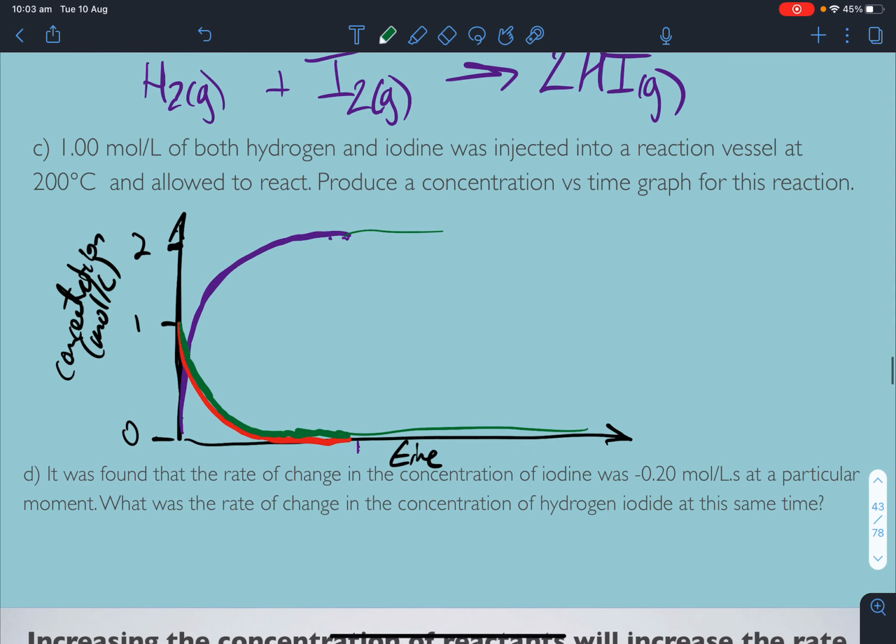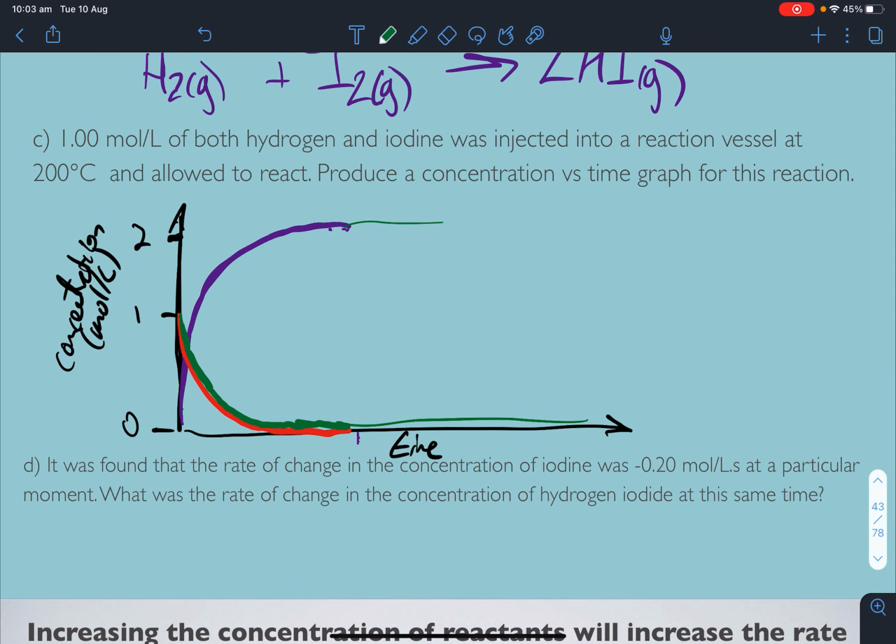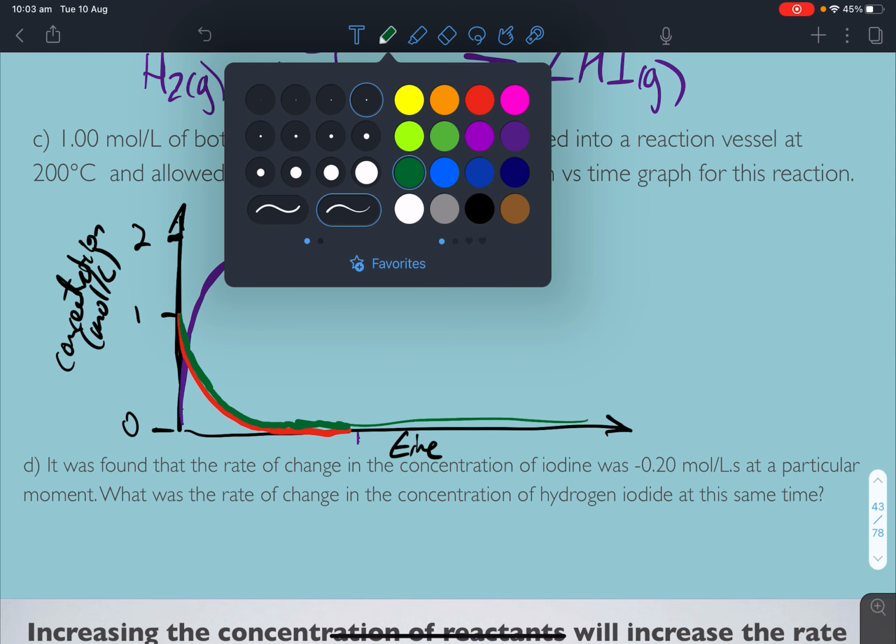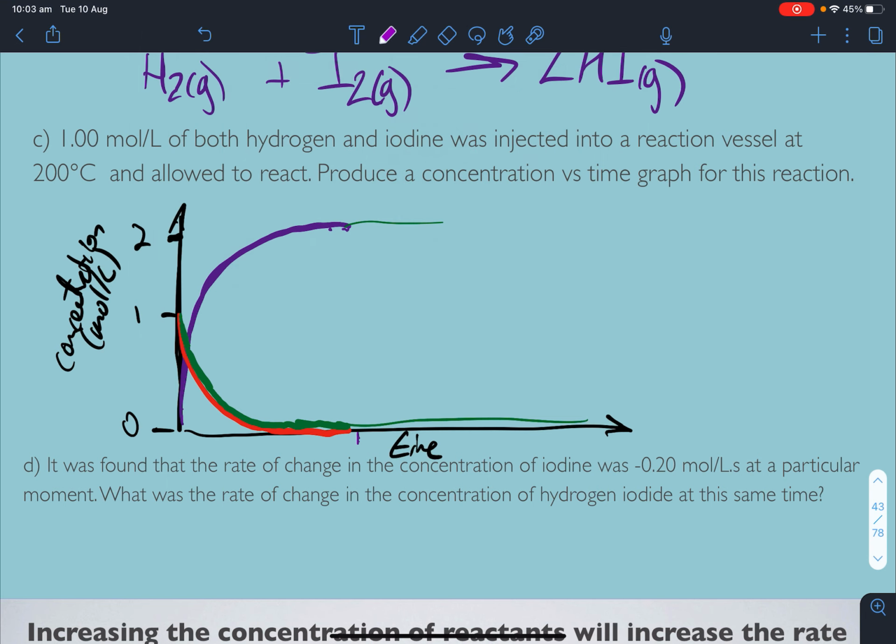Okay, let's do this part D. It was found that the rate of change for the concentration of iodine was negative 0.2 moles per litre per second at a particular moment. What was the rate of change in the concentration of hydrogen iodide at the same time? Okay, well, it's going to be positive because it's a product.